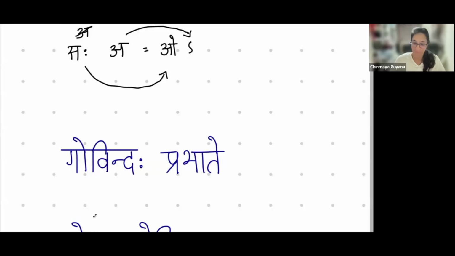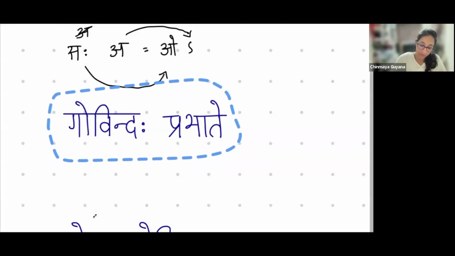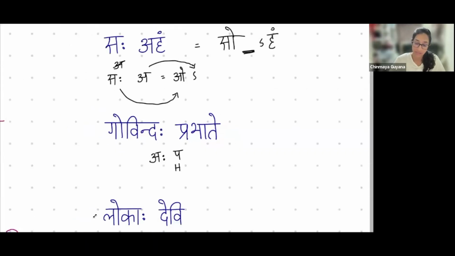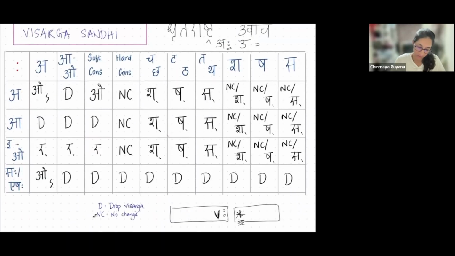So Govindaha Prabhate: you're having an aha, visarga meeting a p. P is soft or hard consonant? You have to check your table. You will see that p is a hard consonant. So you have aha meeting a hard consonant.